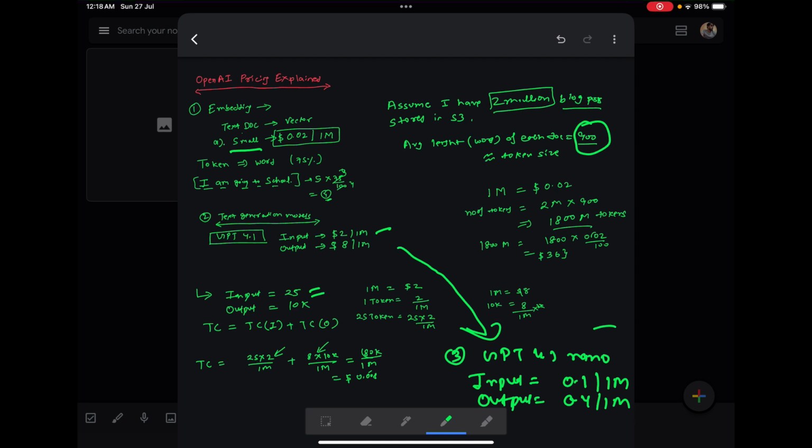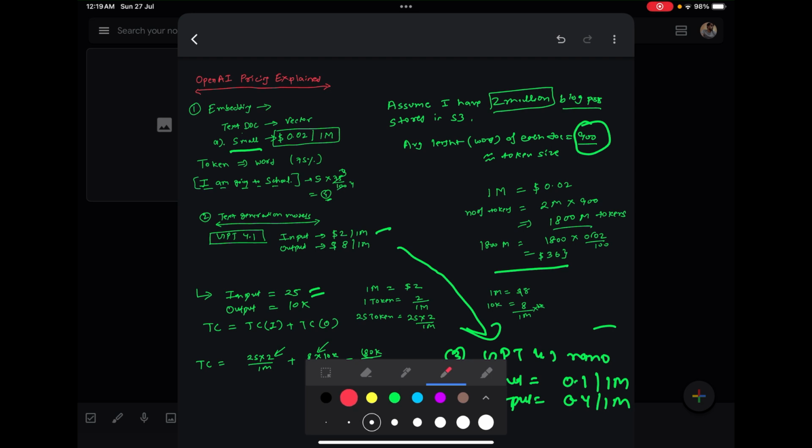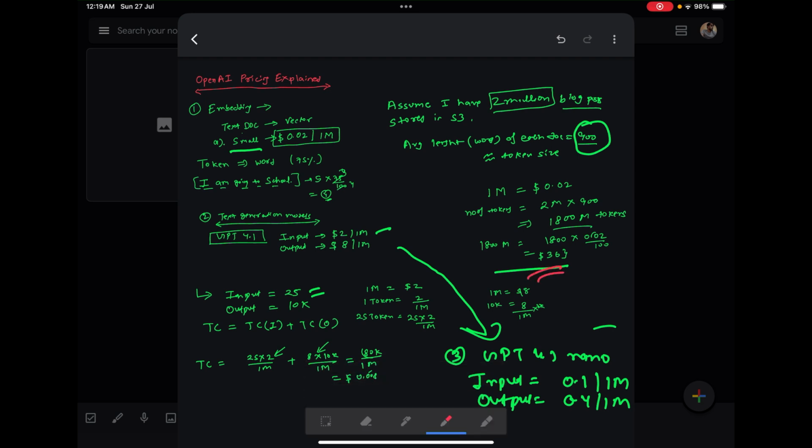Now consider this task where we computed the cost of $36 for embedding. Suppose instead of 2 million, we have 2 billion documents. Immediately this cost will be multiplied by 1000, because in 1 billion we have 1000 millions, so this cost will be $36,000.